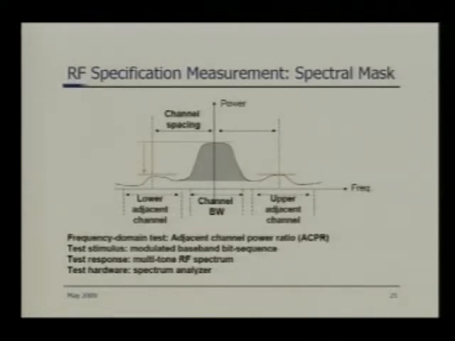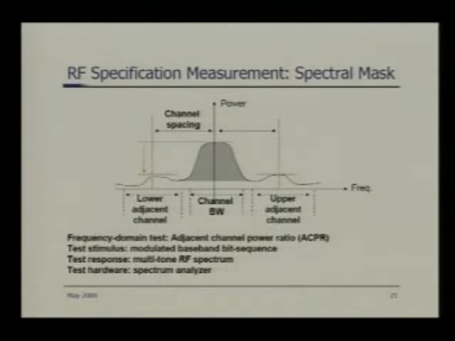Second, in this one, I'm trying to show what I discussed as the spectral mask test. So let's say our GSM transmitter is giving out power at 1.9 gigahertz, centered around 1.9 gigahertz. In the adjacent channel, the power level that is getting spilled over from the main channel must be lower than a certain dBc, which will be given as a specification for the RF design.